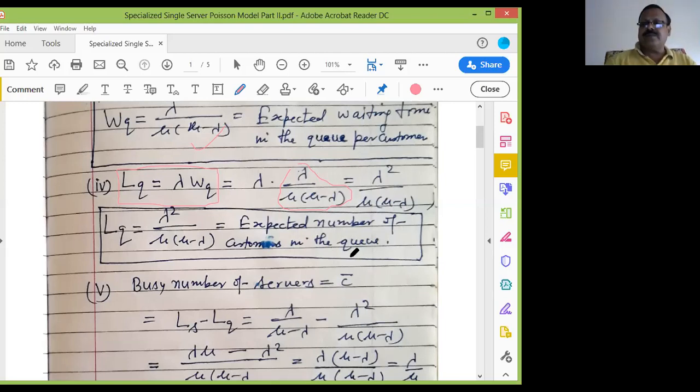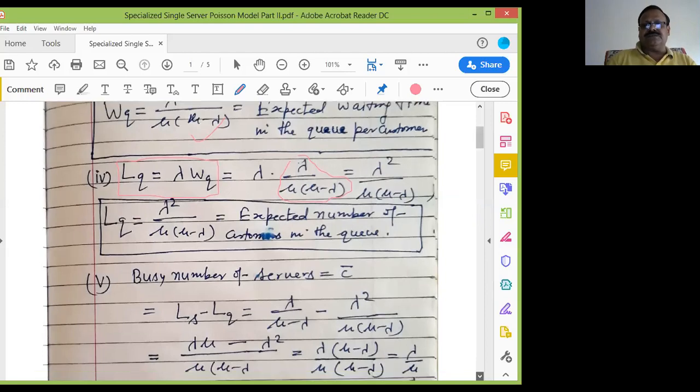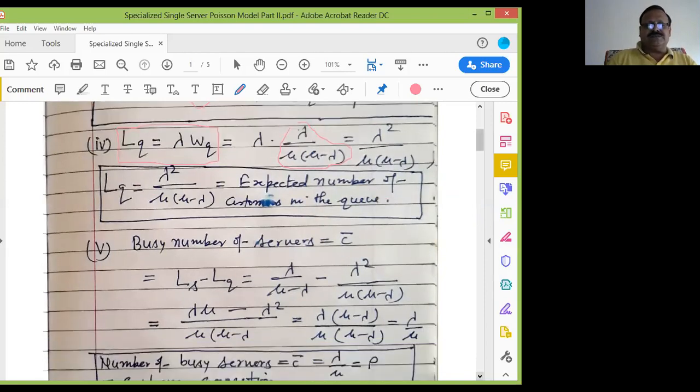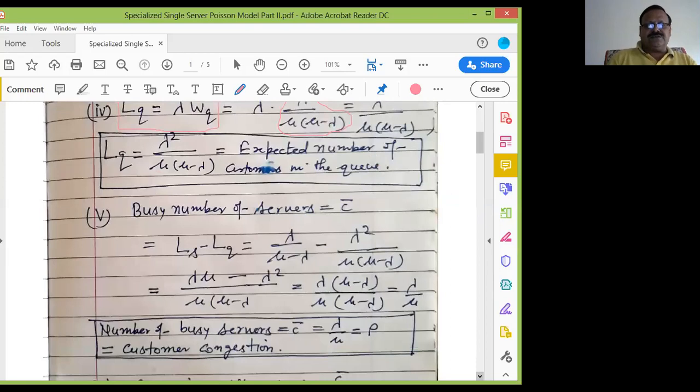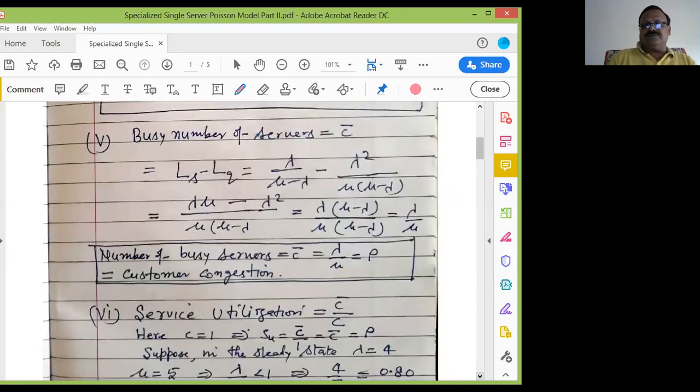Now, if we go ahead, then we have a very important performance measure, and that performance measure is called the busy number of servers. How many servers are employed in the system and how many are working or busy? That is a very important aspect for any queuing system.